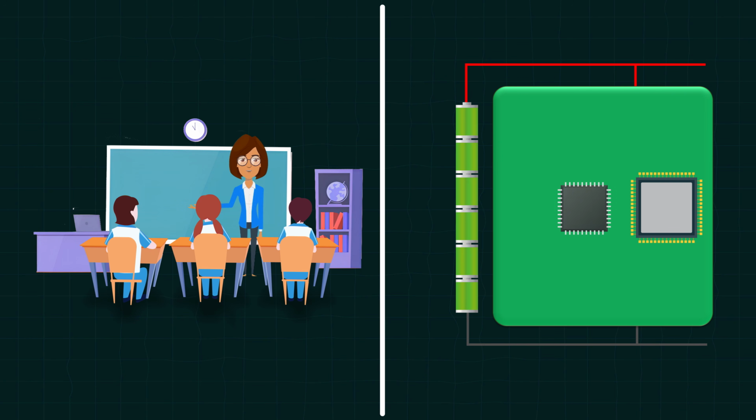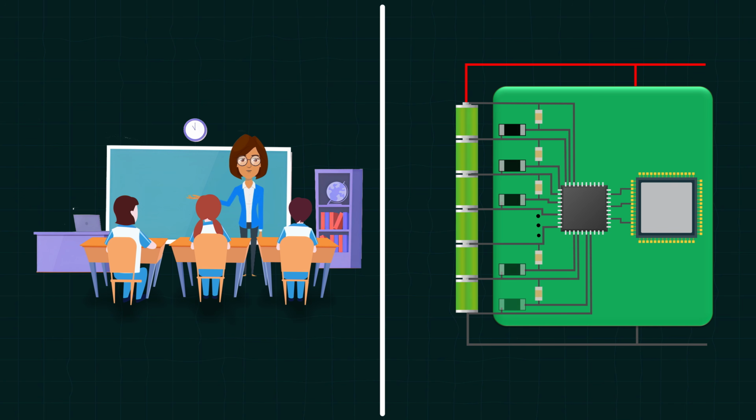No matter how smart a microcontroller is, even the smartest brain needs eyes and ears in each corner. So the analog front end, or a BMS IC, is like that classroom assistant or class monitor who keeps track of each student or each cell in BMS and immediately reports if someone is causing any trouble.